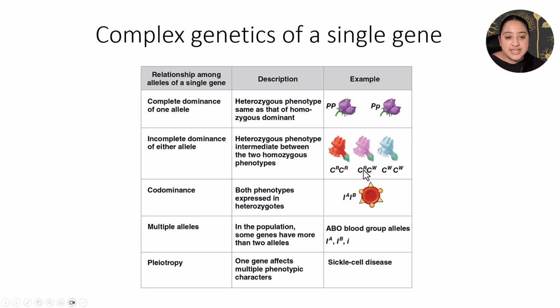The heterozygous phenotype is an intermediate between the two parents. Codominance is where both phenotypes get expressed. Multiple alleles means there could be multiple different possible alleles, not just two. And then pleiotropy is one gene having multiple effects on somebody or something.